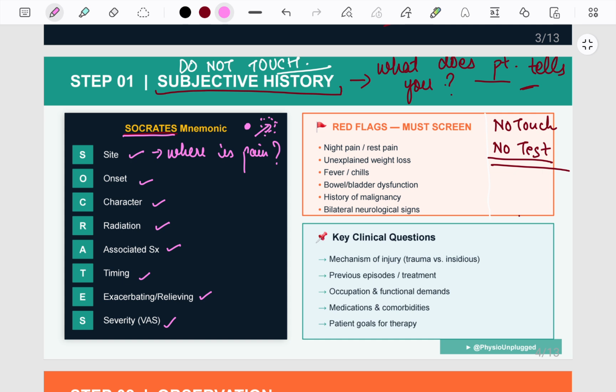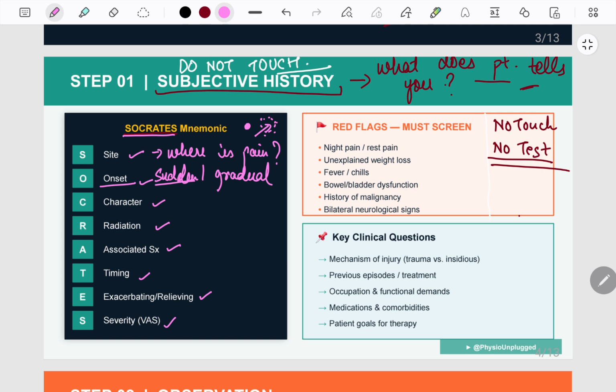Second comes the onset. Onset means, did the pain start suddenly or was it gradual? Sudden could be like an accident or a fall, for example, and gradual could be building over weeks. So these are the two options that we have in the onset.